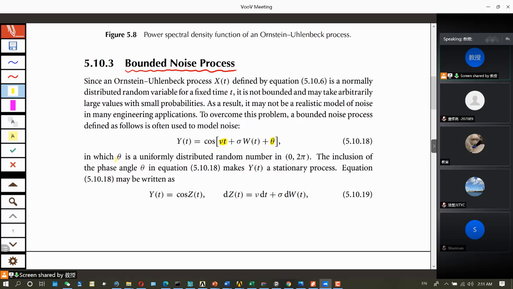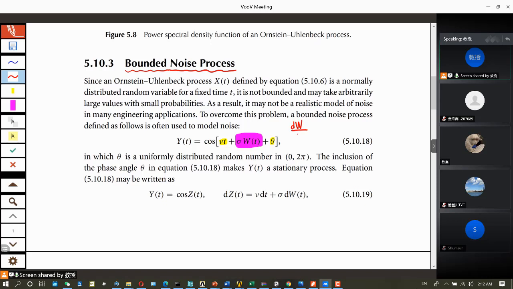So angle theta is uniformly distributed random number between 0 and 2 pi. Okay, so without the middle term, we have cosine nu t plus theta. It's a harmonic function. Now we introduce this noise term, sigma times Wt.